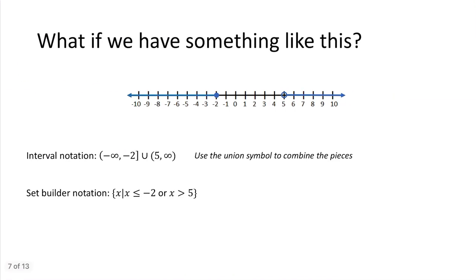So if this was an interval notation, like this piece goes from -infinity to -2, the -2 is included, so we would put the square bracket with 2. Then we write our and with the union symbol, and then you can see this piece right here, it starts off at 5 with an open parentheses, and it heads off into +infinity. So we would say open parentheses at 5, and then +infinity with the open parentheses. So the union symbol is needed to combine those 2 pieces of the graph.